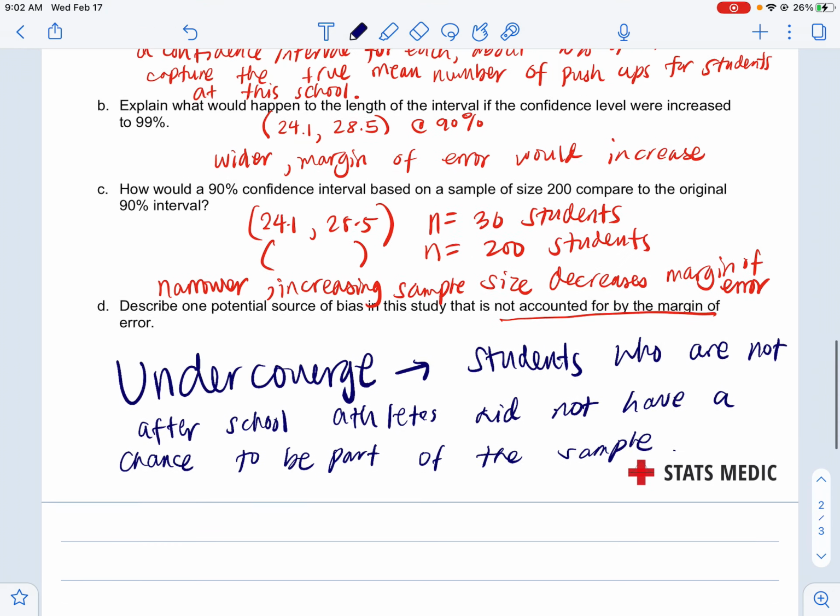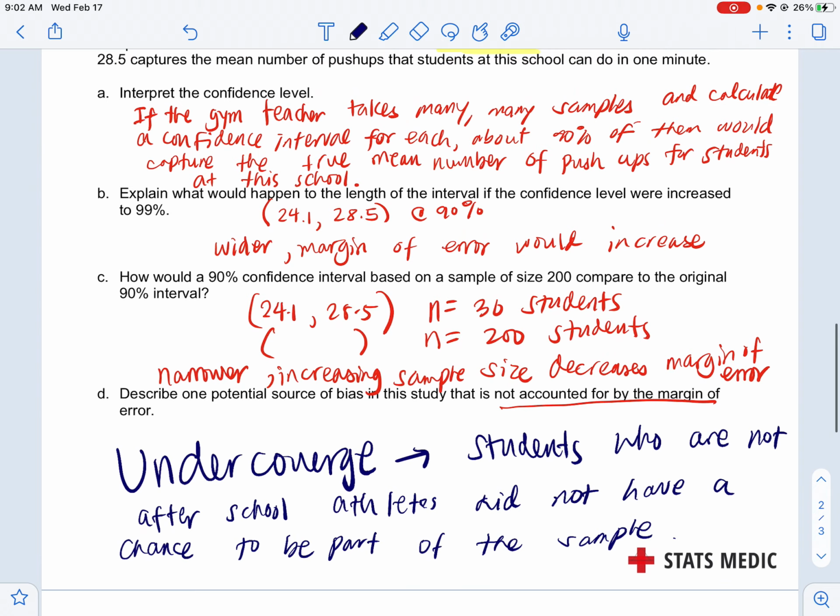because you know how when you do the interpretation, we said that it would capture the true mean number of push-ups for students at this school. But if you really think about it, it's not everybody that's been in there, right? And it's not even a random sample. He just went in there and asked the kids, right?